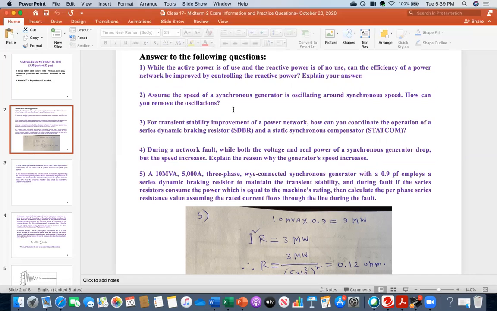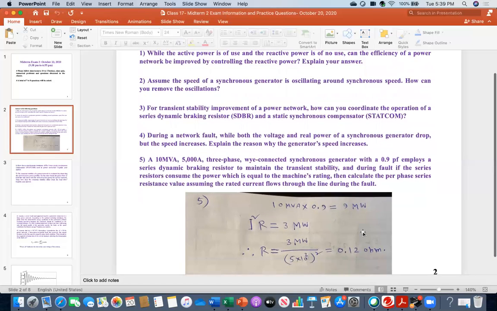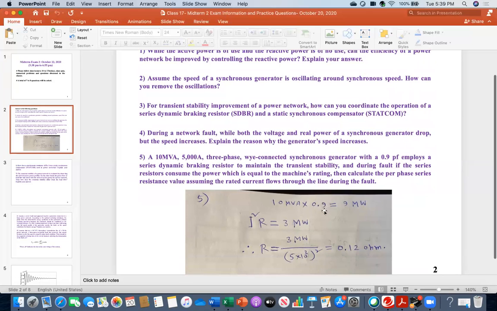How many total questions? Total 7, right? So question numbers 1, 3, 4, 5, 6, 7 are each 3 credit, and question number 2 is 2 credit. In that way, total 20. So depending on the situation, I have given you some credit. In your cases, in everybody's cases, this is completely wrong, but still I have given you some credit, maybe 1 or 2.